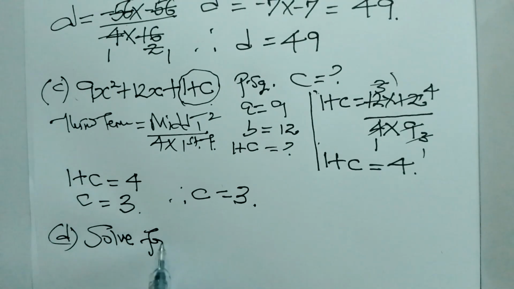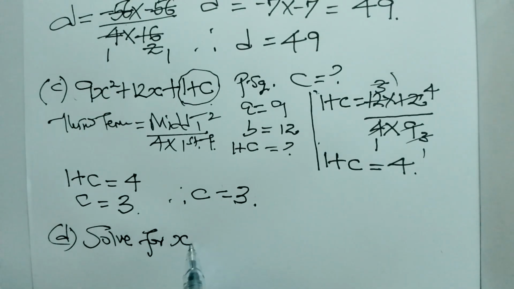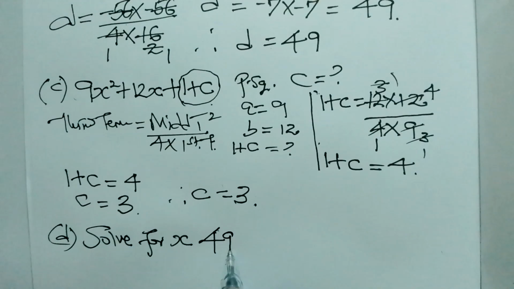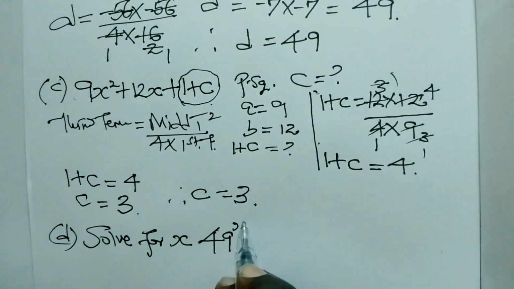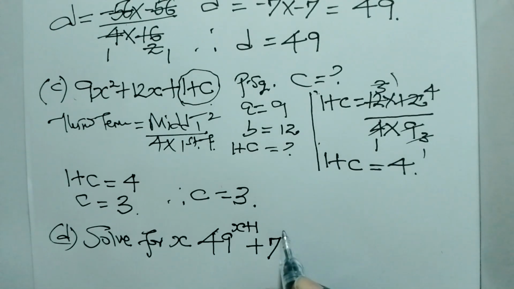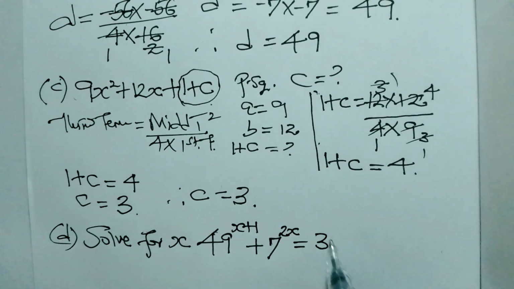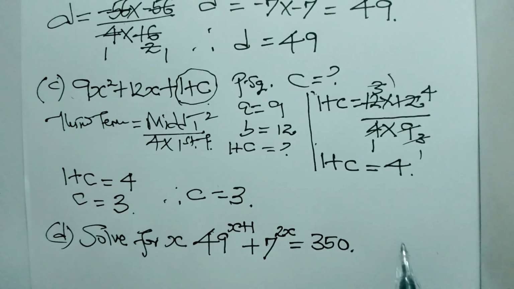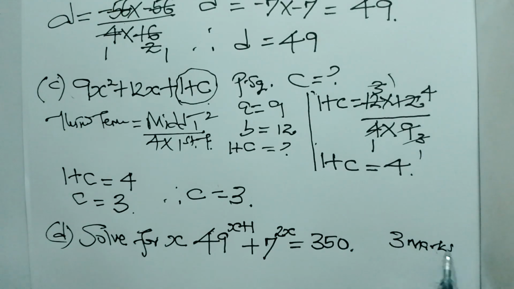Solve for x in the equation: 49 raised to power x plus 1 plus 7 raised to power 2x is equal to 350. Of course, at most here you'll earn 3 marks.